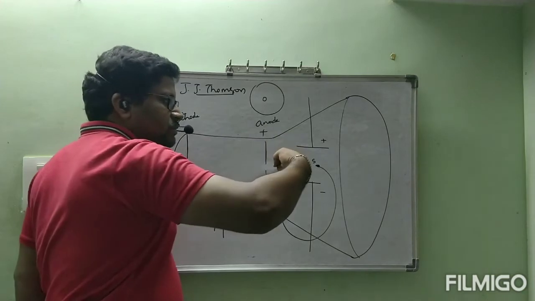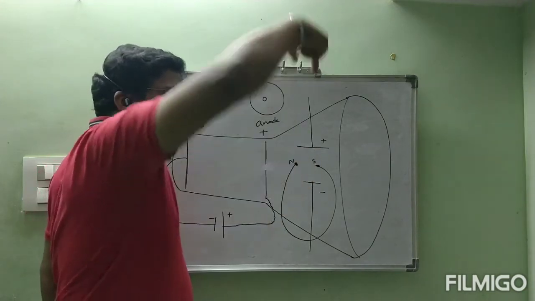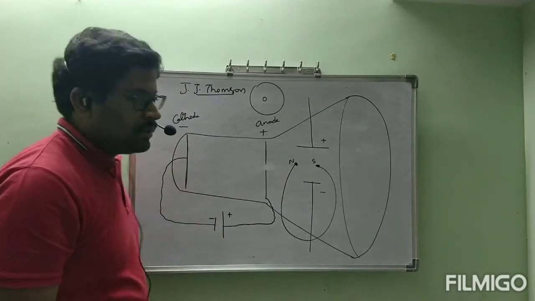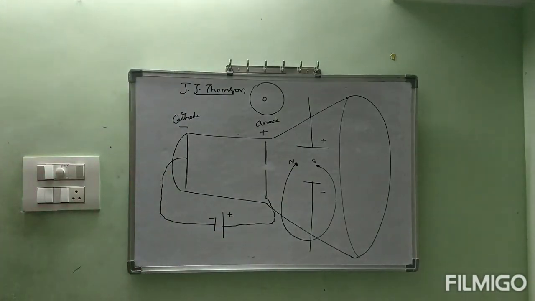Then the magnetic field is from north pole to south pole, and this is the electric field. Both are perpendicular to each other. Observe the diagram. Did you observe the diagram and understand how the magnetic field and electric field are applied?